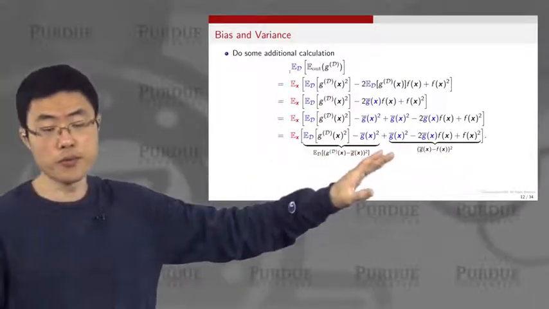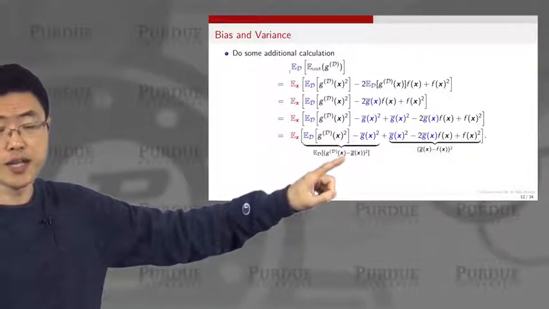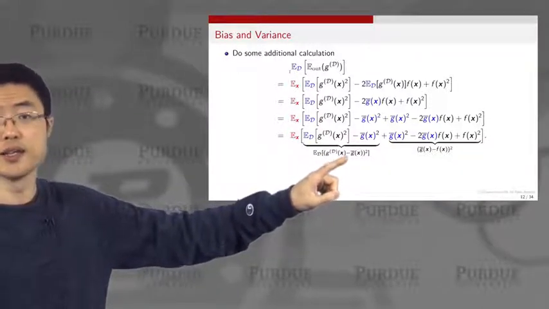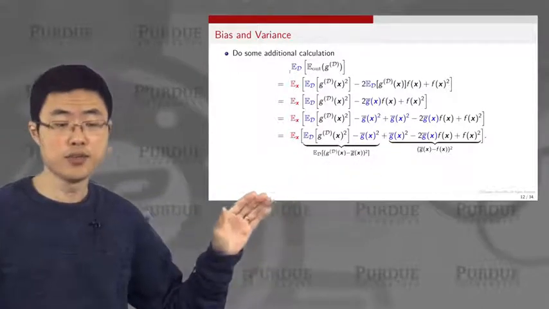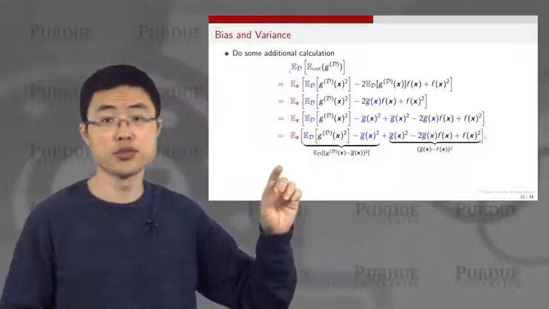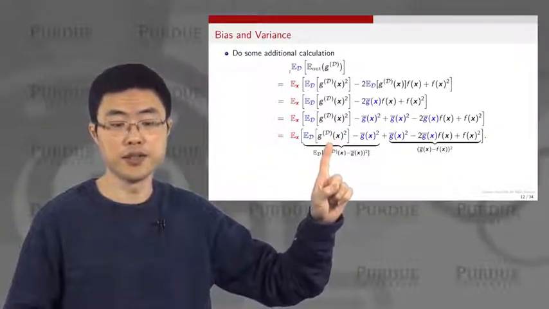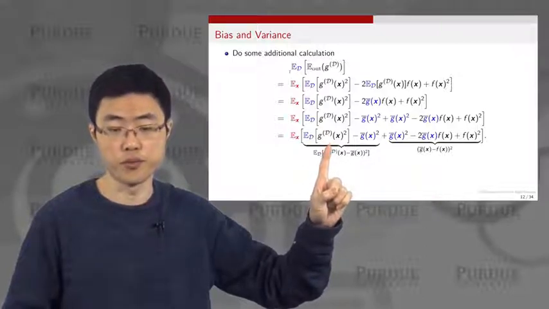Now you can also show why this is true. You can do a simple calculation: this is a square outside the bracket, you can expand this term out, move the terms around, and then use the definition of your g bar, and you can show that this is the same as what you have in front here. It would be the difference between the two square terms.